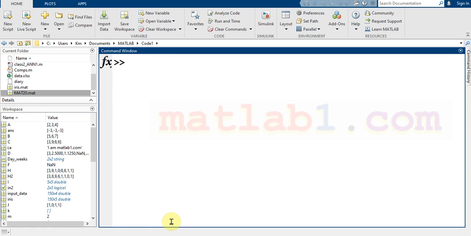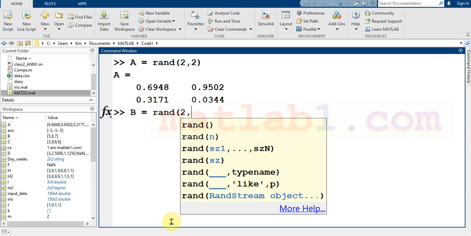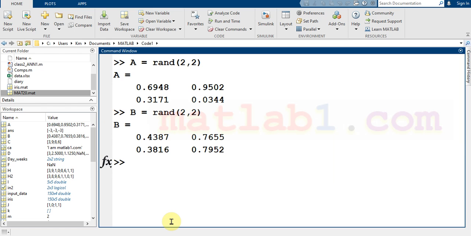Let me define 2 by 2 matrices A and B. Now I can multiply these two matrices with each other.